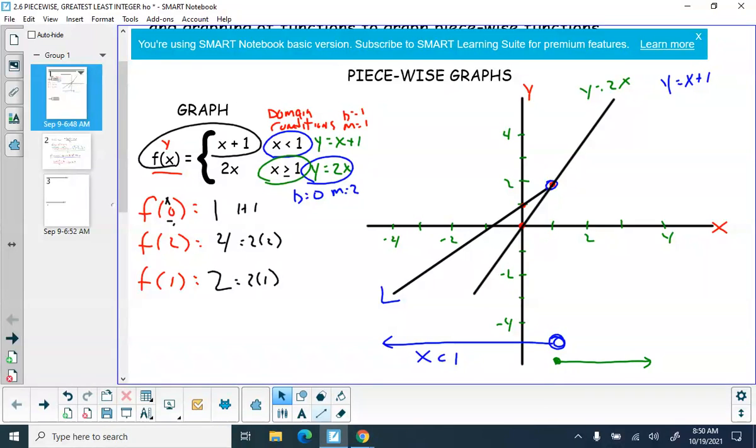So we want to signify that in 2 dimensions now. So I'm going to get a solid dot here at the value of 1. So basically, we have an open dot we just filled in. Sometimes that will happen, sometimes that will not happen.